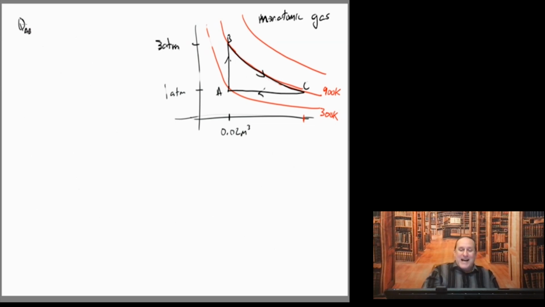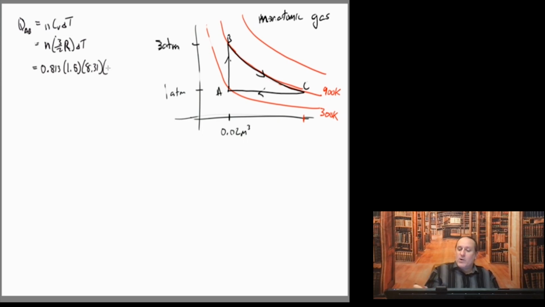So from A to B is isovolumetric. So the heat is just N times CV times delta T. And we said it's monatomic, so that's N times 3/2 R times delta T. And we can put in our numbers, 0.813 times 1.5, that's my 3/2, times R, which is 8.31.